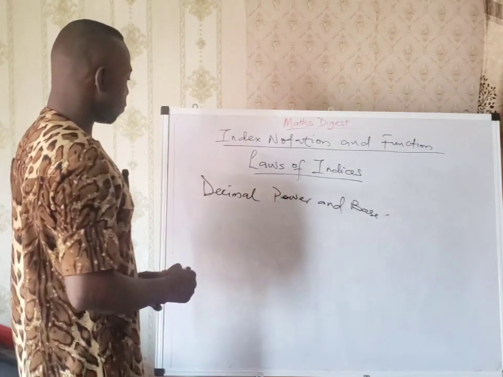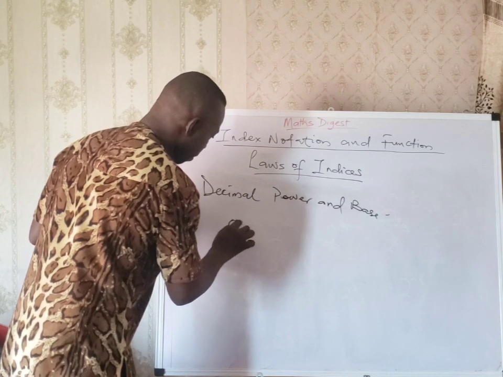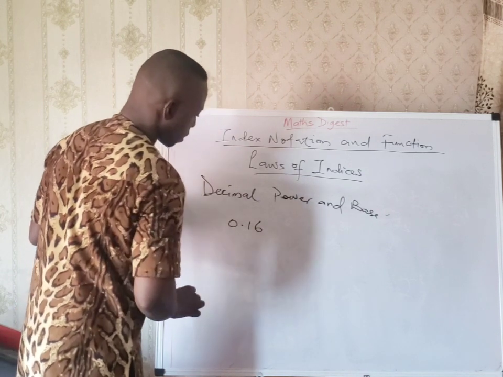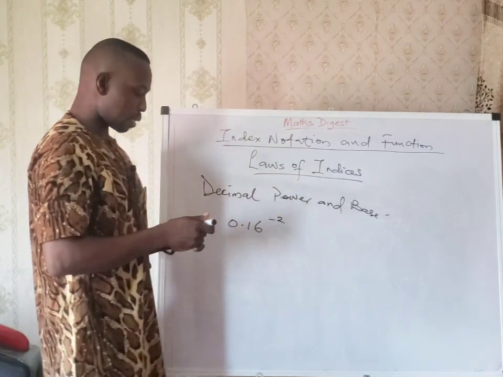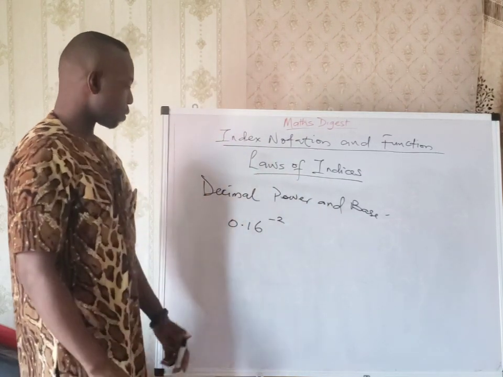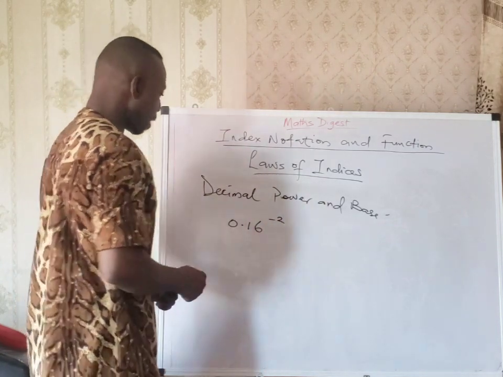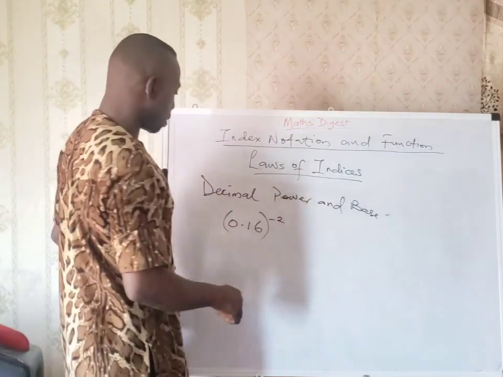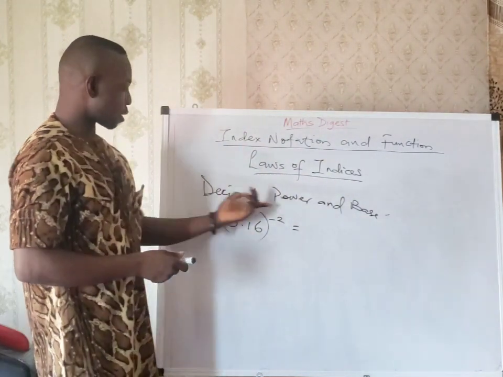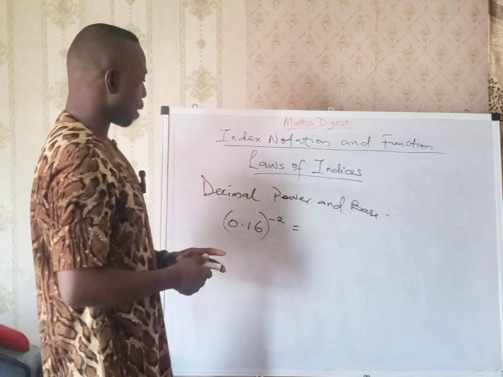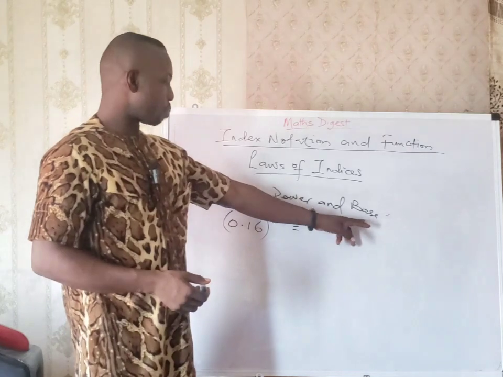Okay, for instance, if you have 0.16 raised to power minus 2, for instance. Now remember our negative power. What we are going to do is respond to this decimal power and base, because this one falls on the base.